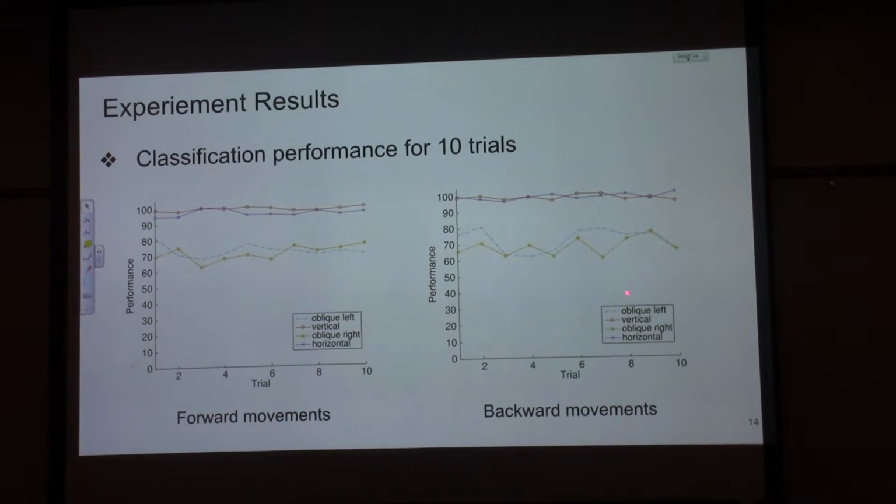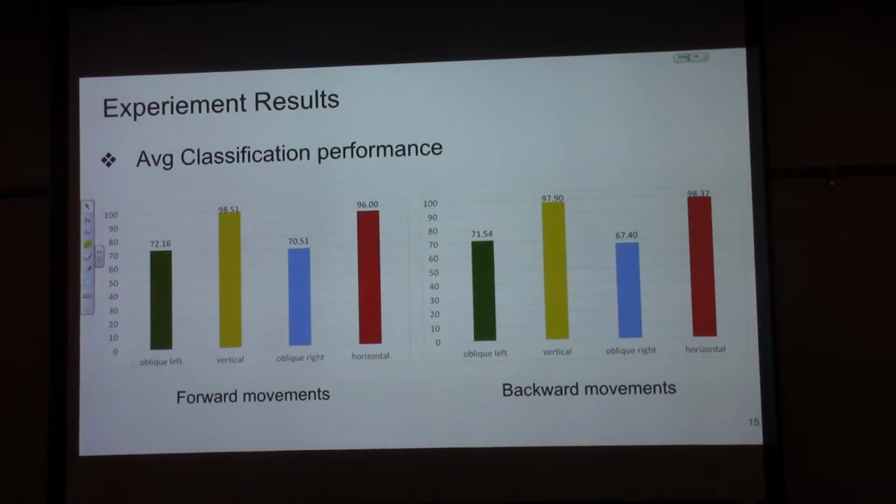The same thing happened to backward movement here. So this is the average performance that we were able to collect. Oblique left and oblique right are much lower than vertical and horizontal.